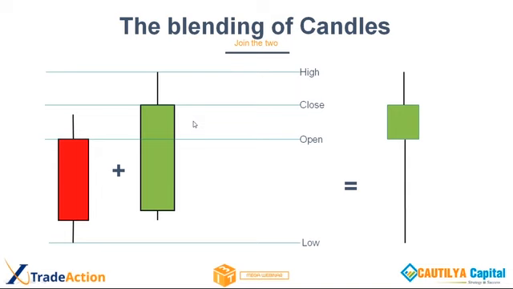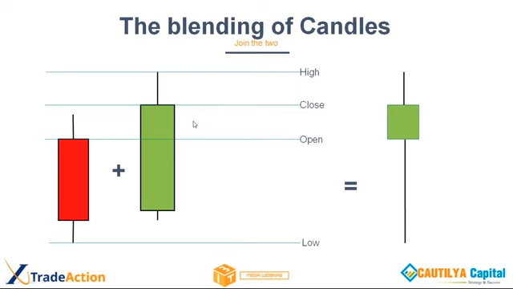There are two candles. One is a bear candle, which is the red candle, followed by a bull candle, which is a green candle. Now we need to assemble these two candles to get a combined candle. For that, the rule of blending is: take the open of the first candle, take the highest high of all the candles, take the lowest low of all the candles, and take the close of the last candle.